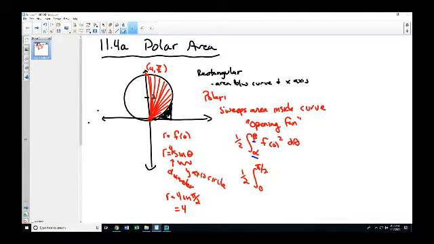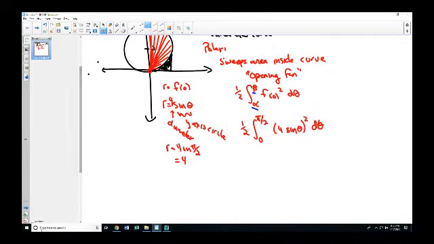4 sine theta. Remember to square both items.